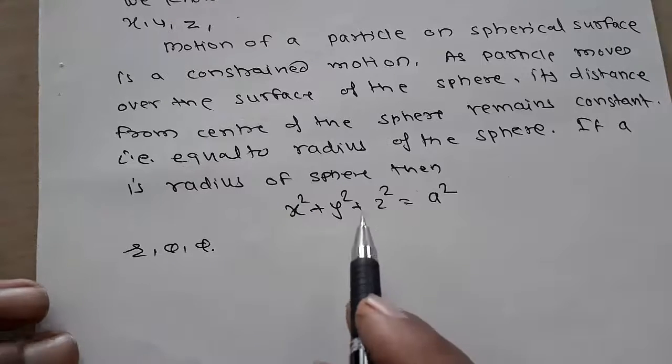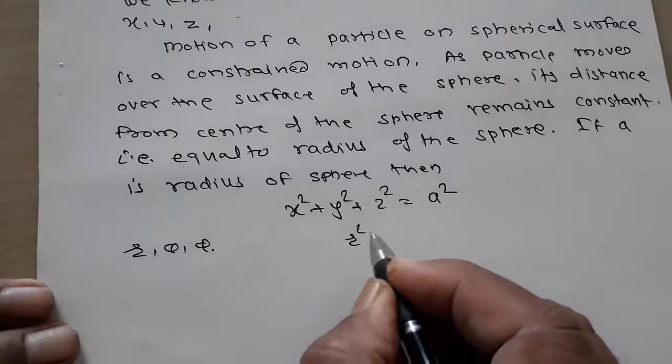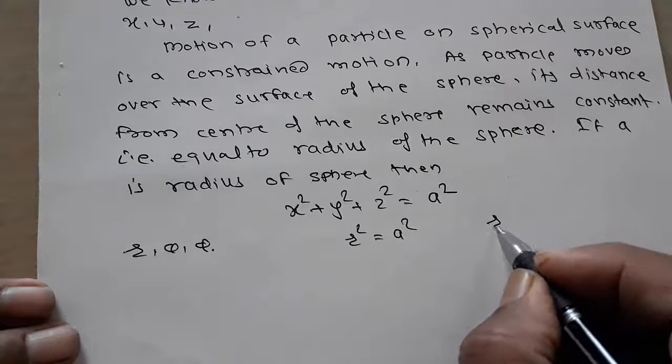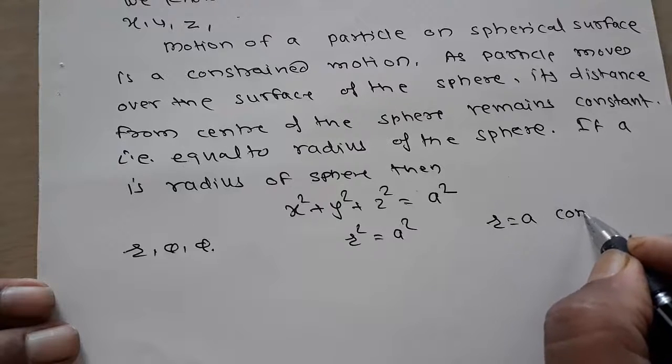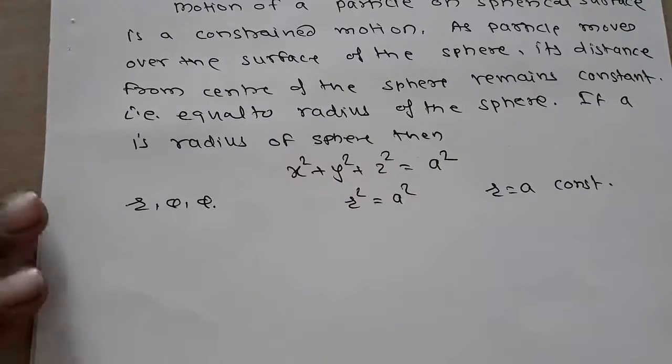If we convert this into spherical polar coordinates r theta phi, then r square equal to a square, this gives r equal to a constant. That means r will not change throughout the motion.